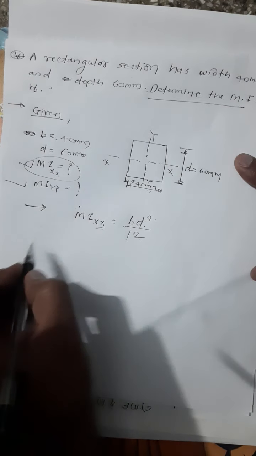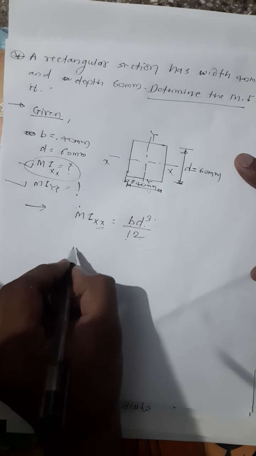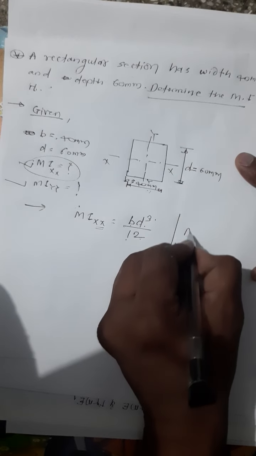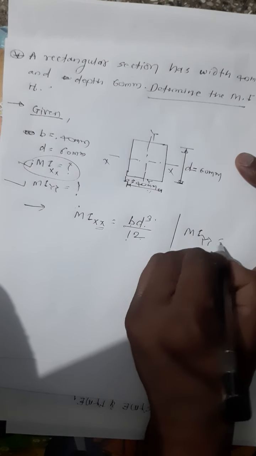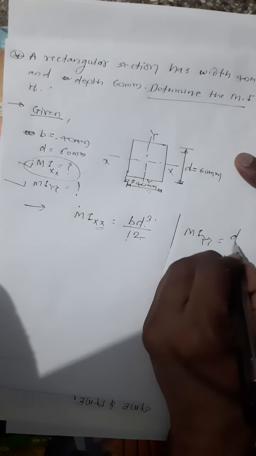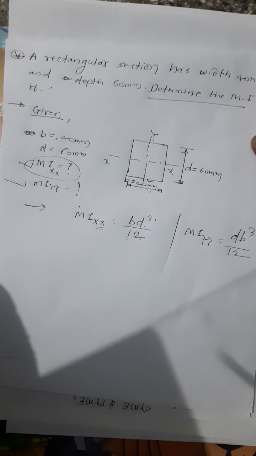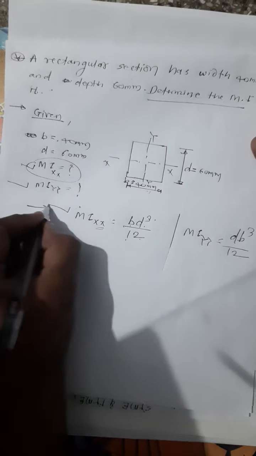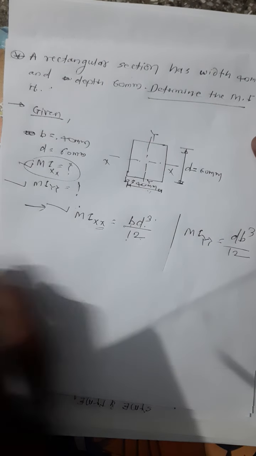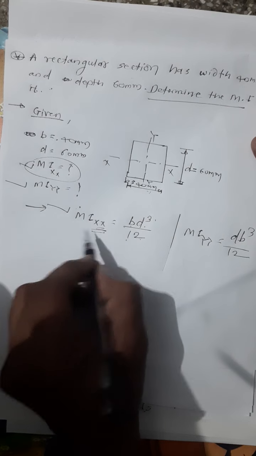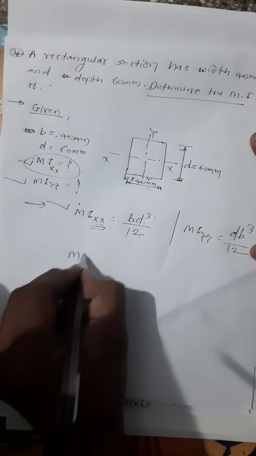If it is about YY, then we have DB cube by 12. But assume we calculate it about XX.